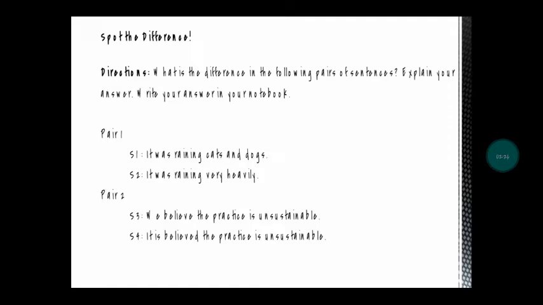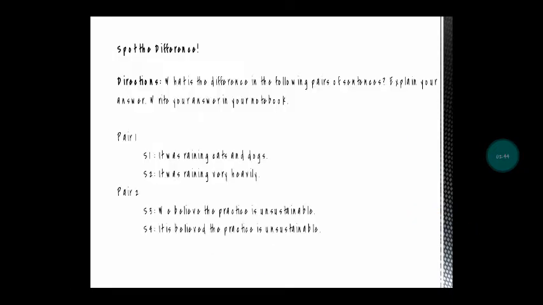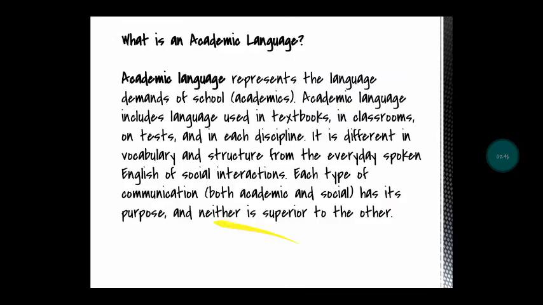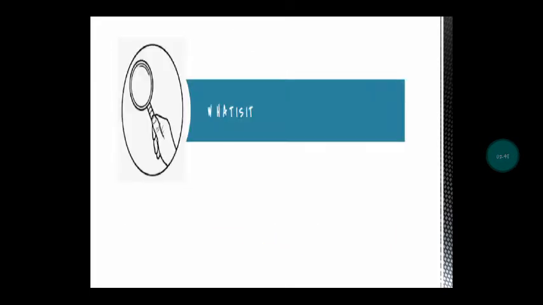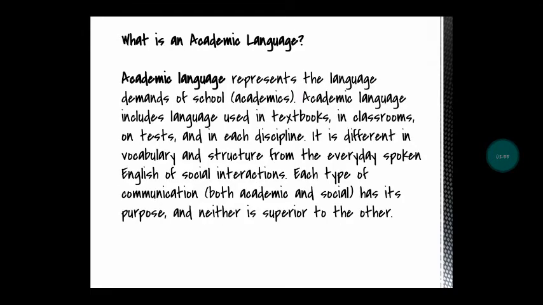Sentence number 3, we believe the practice is unsustainable. And sentence number 4, it is believed the practice is unsustainable. Okay, so what's the difference? Those sentences have a connection to this topic.